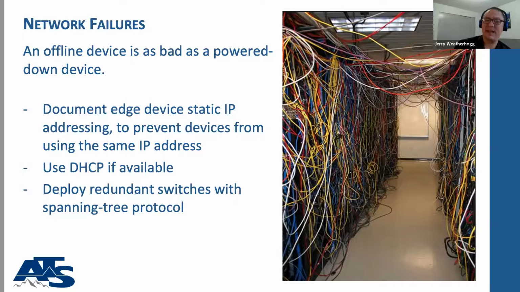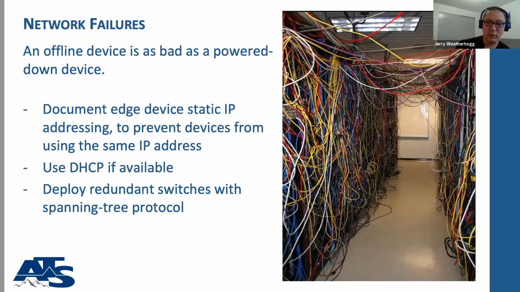So if your edge device has a static IP address, make sure it's documented with the IT staff so that they are aware that you are using this IP address. Otherwise, troubleshooting duplicate IP addressing on a network is very tricky. Use DHCP, dynamically provided addresses, if available, because edge analytics often don't need a static IP address. They just need connectivity with the network where it's getting its data from.